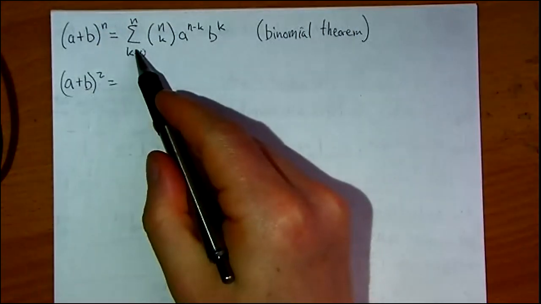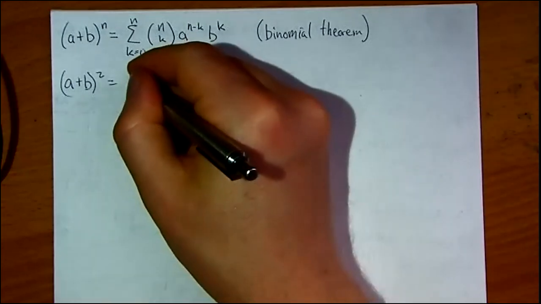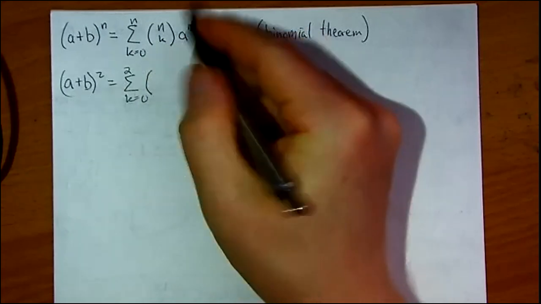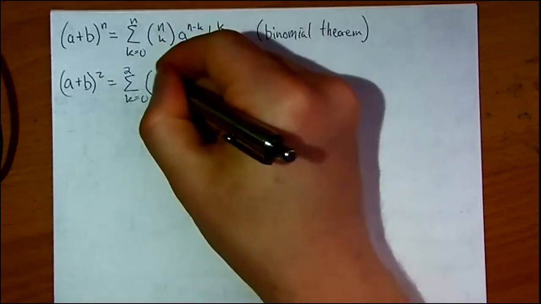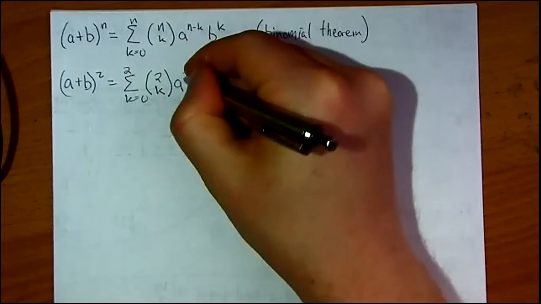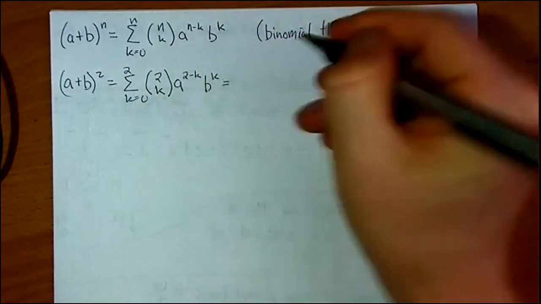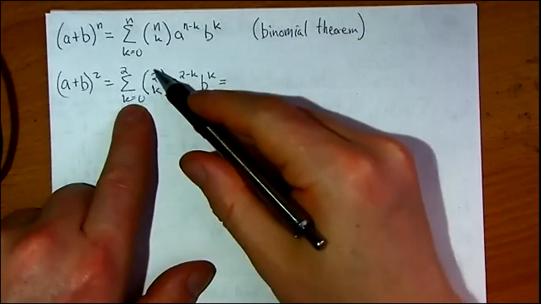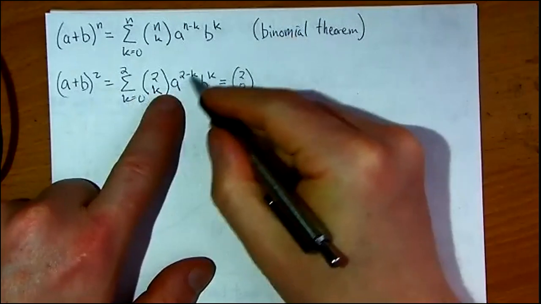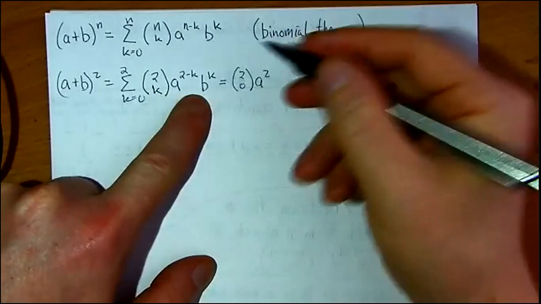Well, we're going to have a summation from k equals 0 up to n, where n is 2. So we're going to have a sum from k equals 0 to 2 of what? N is equal to 2 here, so we'll have 2 choose k times a to the 2 minus k b to the k. And if we go through that, what are we going to have? Well, the first term, k equals 0, we'll have 2 choose 0 times a to the 2 minus 0, which of course is just a squared, b to the 0, which is just 1.